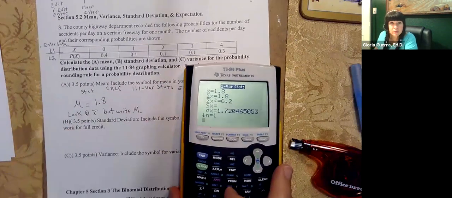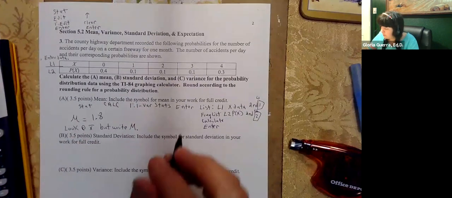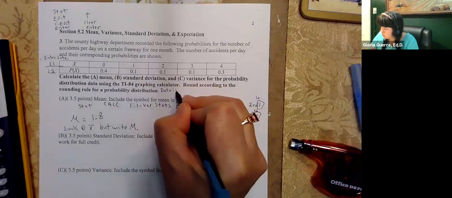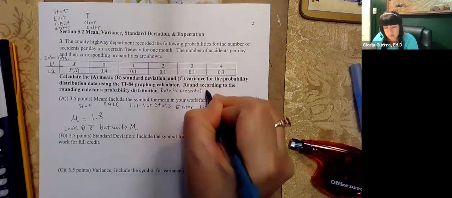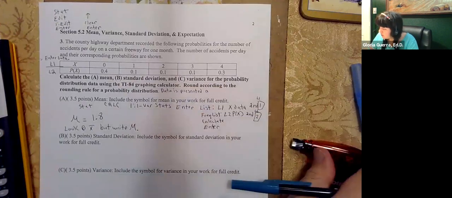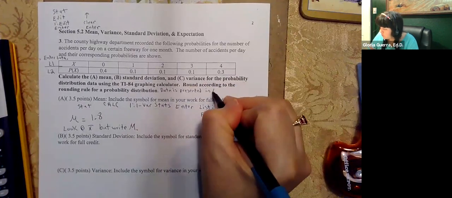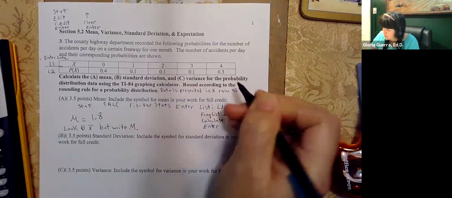And the thing about the rounding, the rule for rounding says that here your data is presented in the X row as counting numbers.